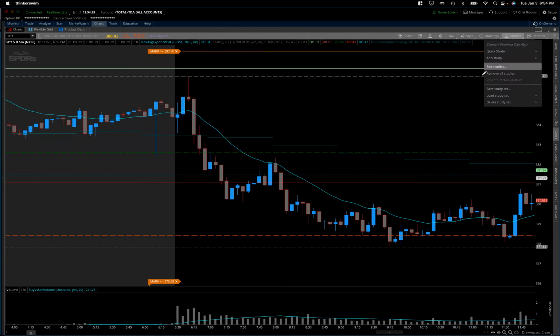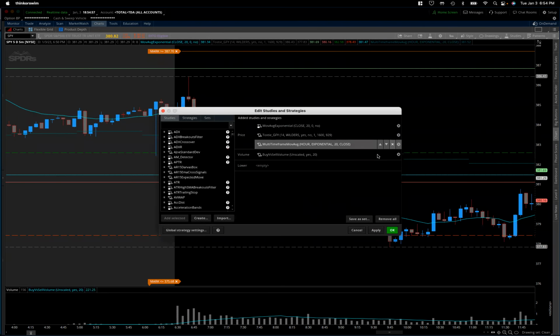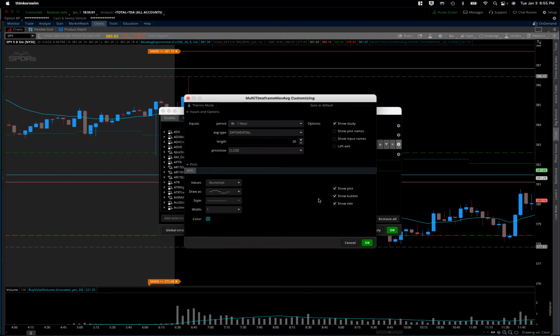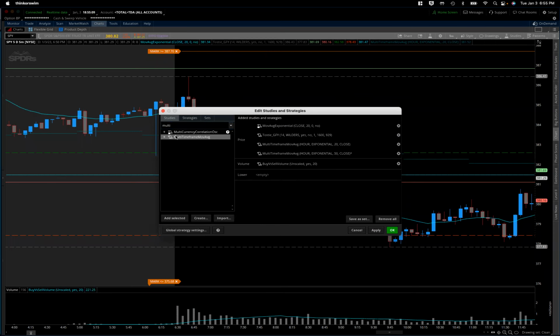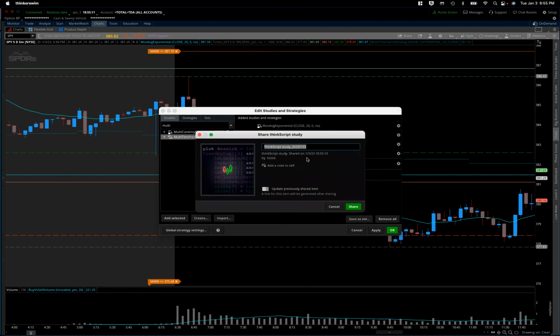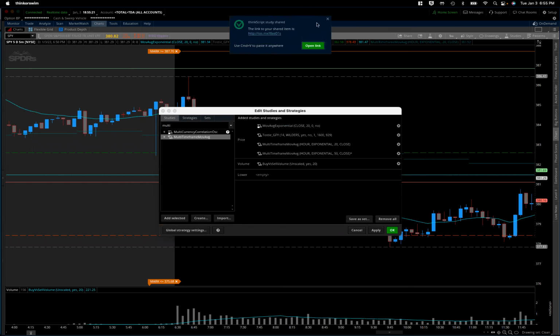How do I do that overlay? It's a custom study that I've been using. I can share it later tonight, or I can share it right now because I'll forget. Let me remember how to show this. Haven't shared something in a while. Let me share this now because I'll forget. Multi-time frame moving average. Okay. Cool.